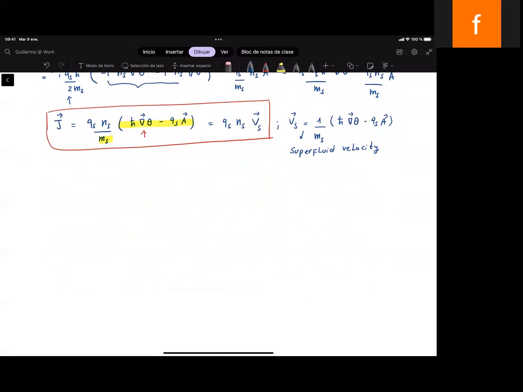So the question is, what about an equation for this partial derivative with respect to time? And first of all, I need this for the discussion. Let me fix a particular gauge.